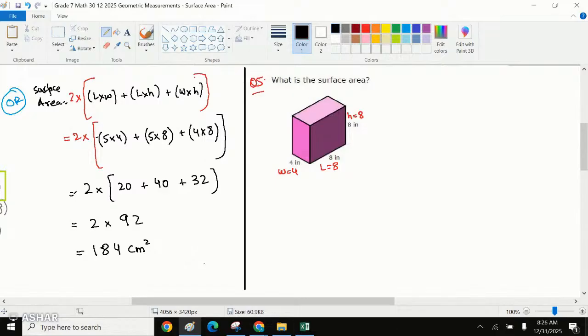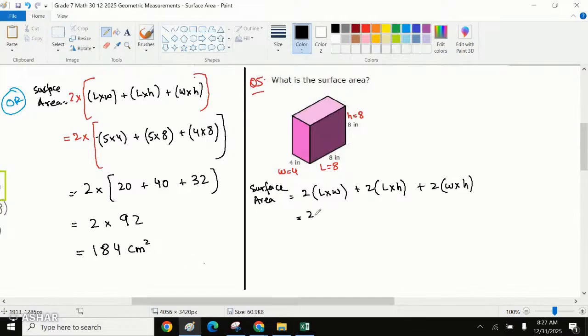By using either of the formulas, the surface area should be equal to twice of length multiplied by width plus twice of length multiplied by the height plus twice of width multiplied by the height.